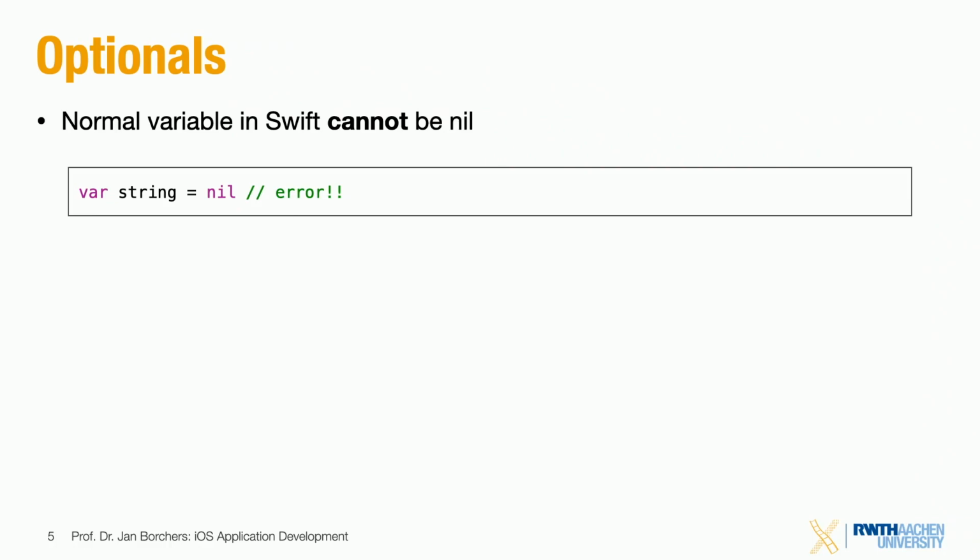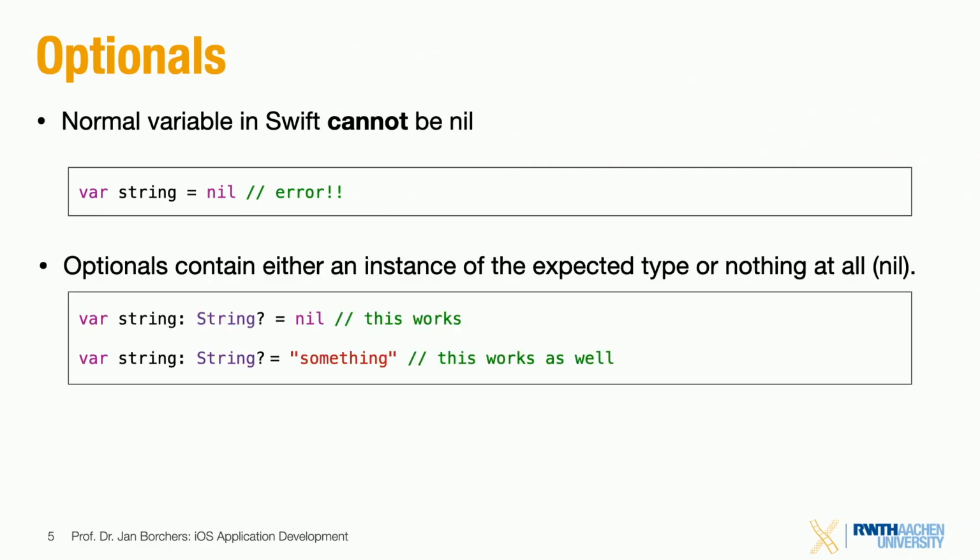But to get around that, to offer the option that you can set it to nil, that is where optionals come in. Optionals essentially have two states: they either have an element of that specific type in there, or they're set to nil. You specify that by having this question mark behind the type.